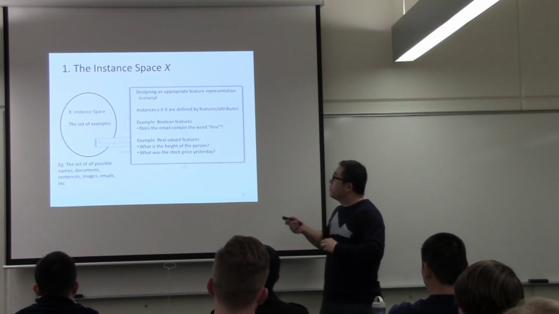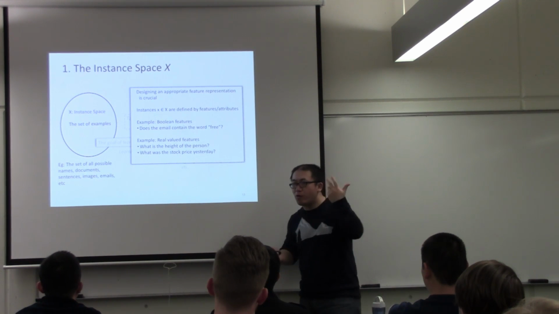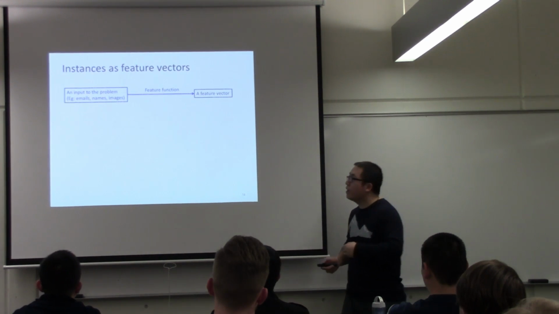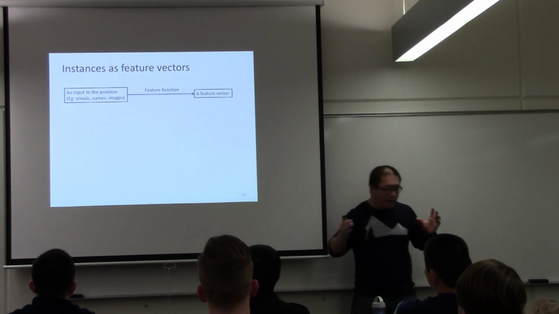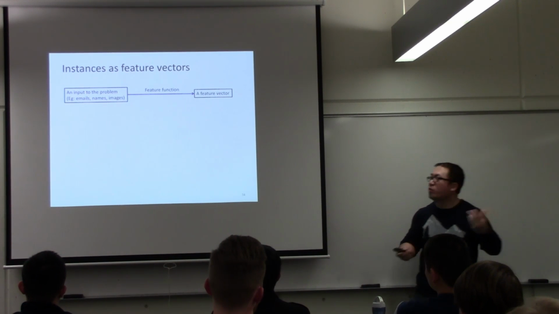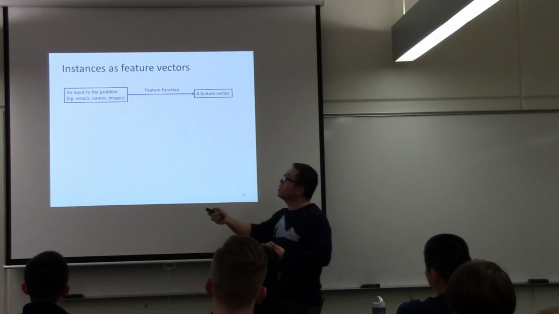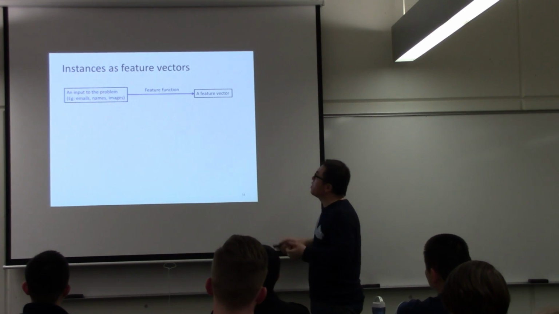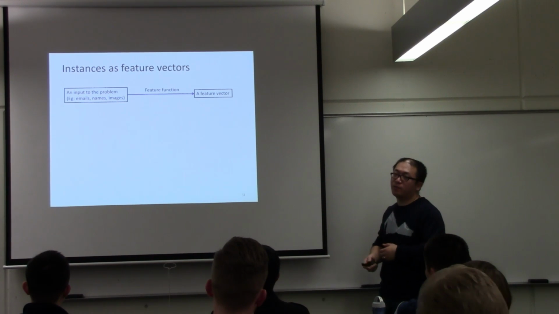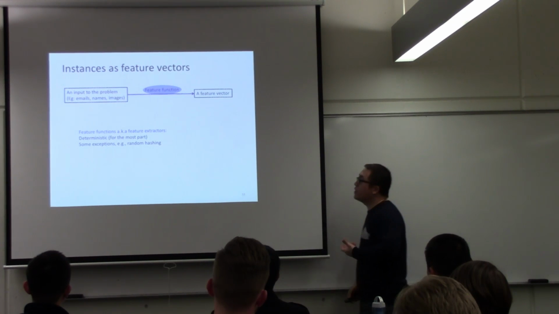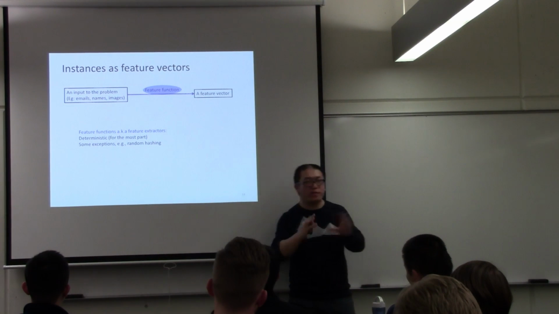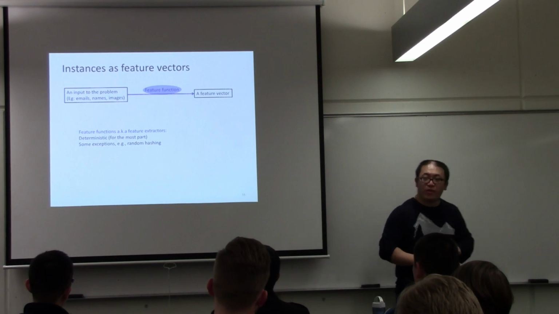To generate those features from our original instance, we usually use the so-called feature function. A feature function is essentially a mapping from our raw instance, such as emails, names, or images, to some feature vector. A feature function is also known as a feature extractor. Usually this is a deterministic mapping, but there are some exceptions.